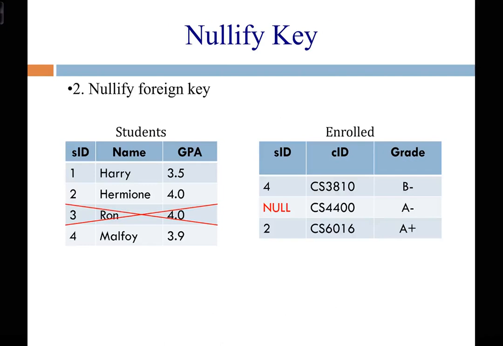Option 2 is to nullify the referencing key. You can put null values in SQL. So if Ron leaves the university, we just say, all right, there's still a record of someone being enrolled in that class with an A minus, but we don't know who it is.